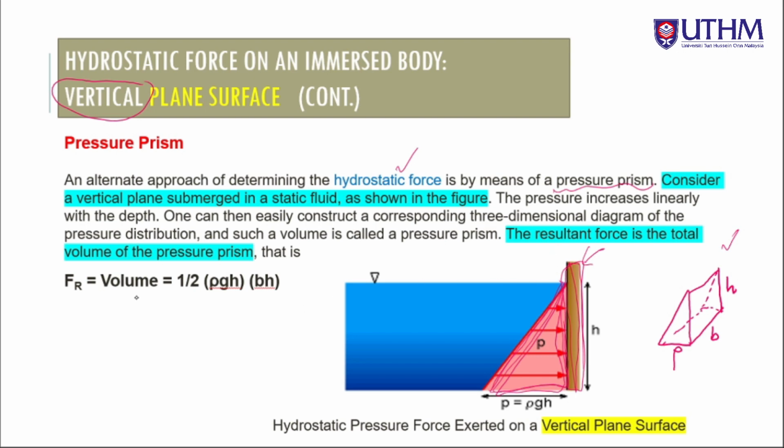Volume of this area should be equivalent to the resultant force, which adalah 1/2 rho gH times BH, rho gH times B kali H. So kita dapat total volume of this area terus, macam kita kira volume of prism. This is for the case of a vertical plane surface lah. It is much more straightforward.